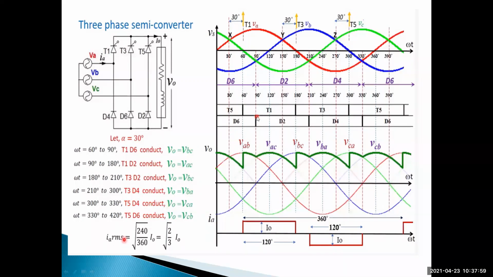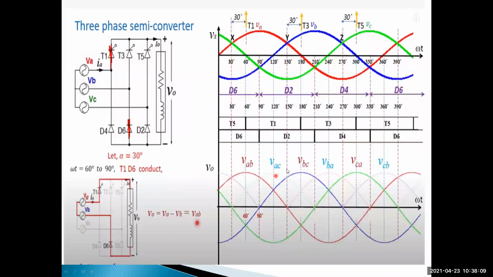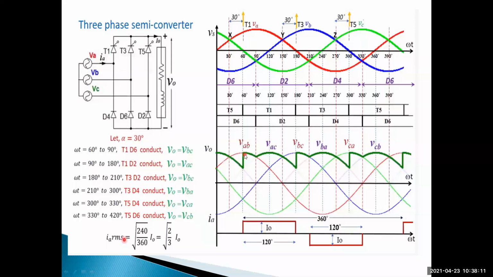Up to here, 60 to 90 degrees, the line voltage is VAB. This is called the line voltage waveform VAB, VAC, VBC. It follows the line voltage waveform in this duration, 60 to 90 degrees.